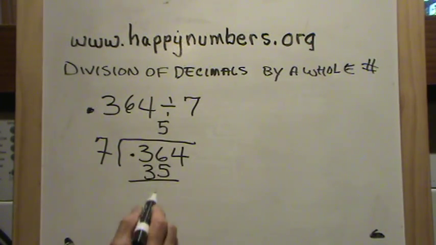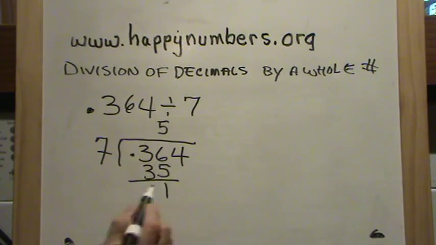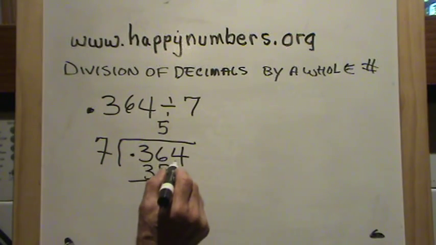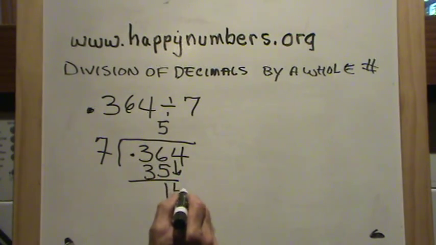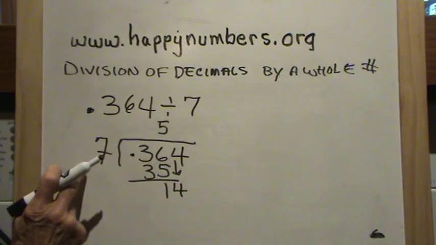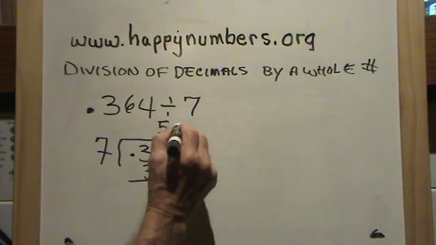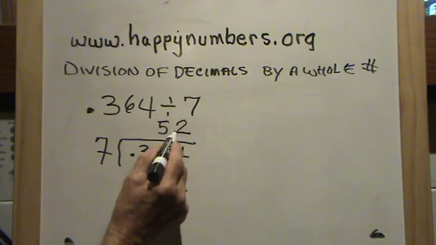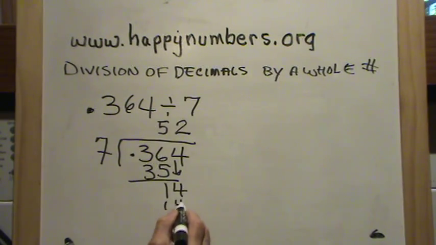We subtract. 6 take away 5 is 1. 3 take away 3 is 0. So now we bring down our 4. Now we divide. 7 goes into 14 2 times. Multiply. 2 times 7 is 14. 0, and the problem is done.